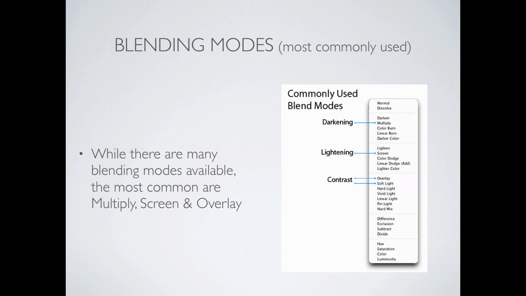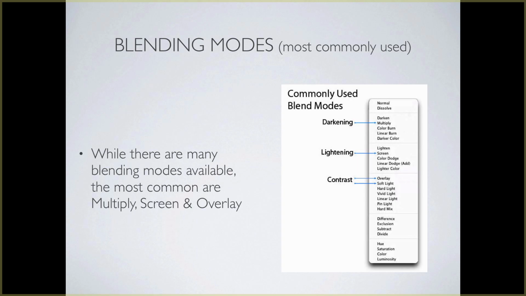So we have a couple that are really common. And those really common ones are going to be defined into these major groups. The darkening of an image is generally going to be multiply, but everything in this section from there to there is going to be the darkening of your image. The next group down is generally the lightening of an image, this section, and we're going to almost always use screen mode for that.